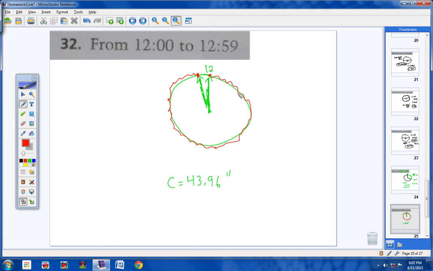Now, what fraction of the circumference is this big old arc from here all the way to here? Well, how many minutes did it travel from here to here? 59. From 12 o'clock to 12:59. 59 minutes out of how many minutes? 60. So if you take your total circumference and multiply it by 59 over 60, let me grab my calculator real quick.